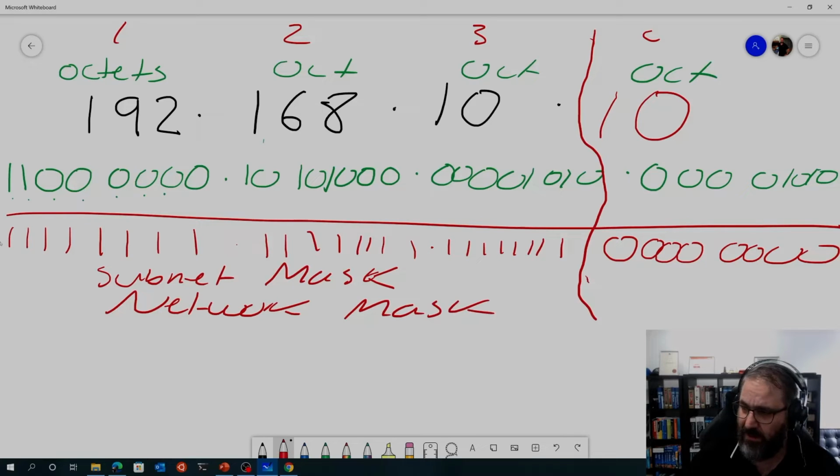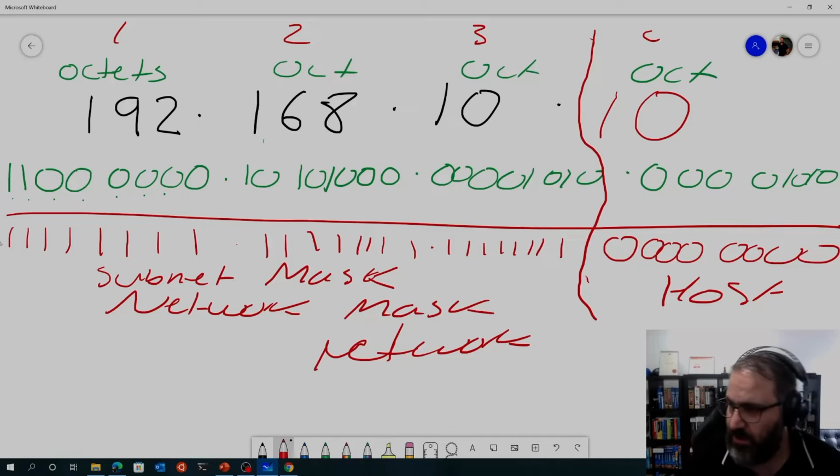So this is my network address, my network portion, and this is going to be my host. Very easy to confuse the terminologies, so I'll just make sure.